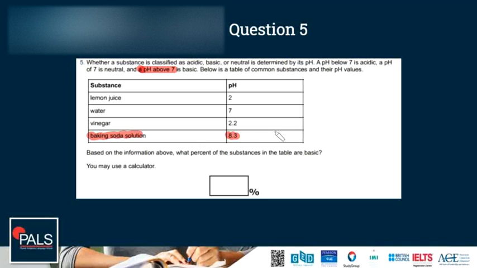That means we have 1 out of 4 substances that is basic. As a decimal, this is 0.25, and to find the percentage we multiply this by 100, which gives us 25%. All right, next question.